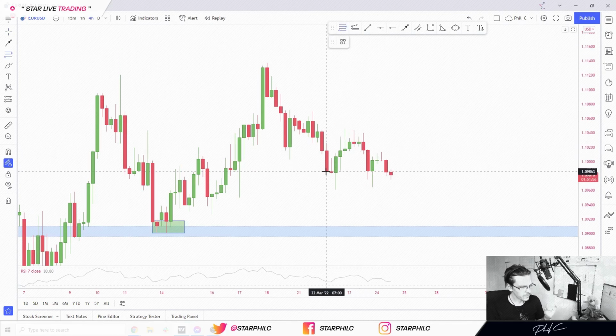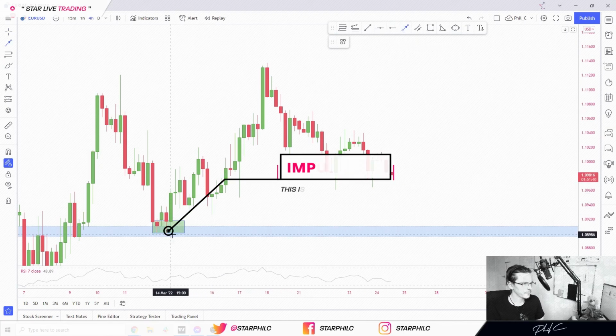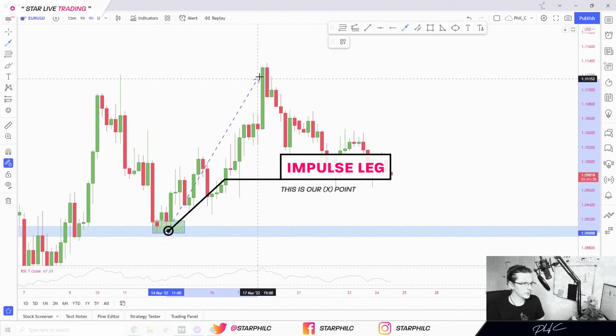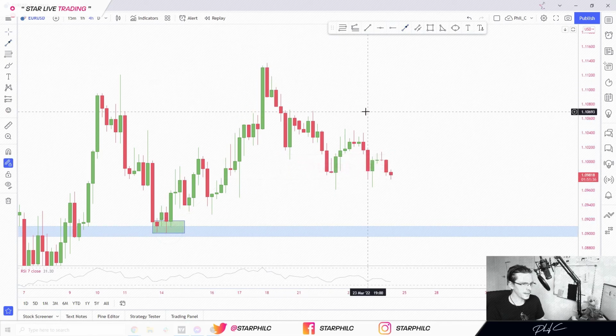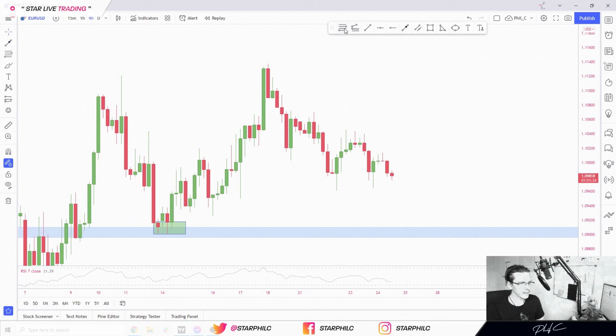If I use Fibonacci, because that is what we use here every day, every time I'm trading, that is what I use. So if we take our Fibonacci retracement and we go from this impulse leg, I'm looking at an impulse leg here. We have our swing low to our swing high. That is my impulse leg because that is a big move.